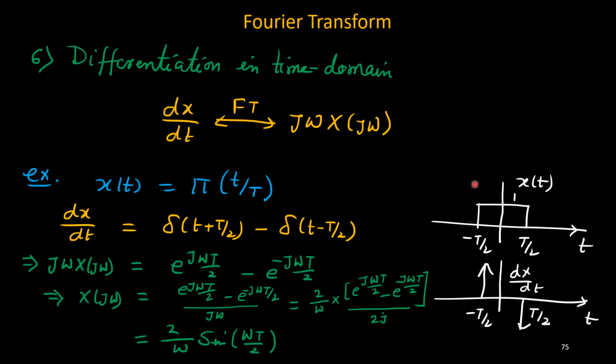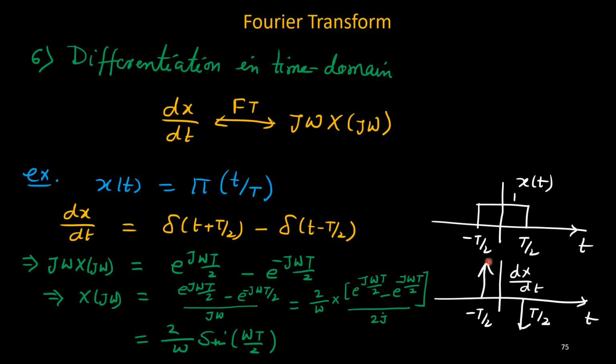If I take the derivative dx dt, derivative means the slope. Here there is no slope, it is not changing. Slope is 0. Here a certain change is there. At minus T by 2, there is a change from 0 to 1. So the slope is infinite, which implies that the derivative is impulsive.